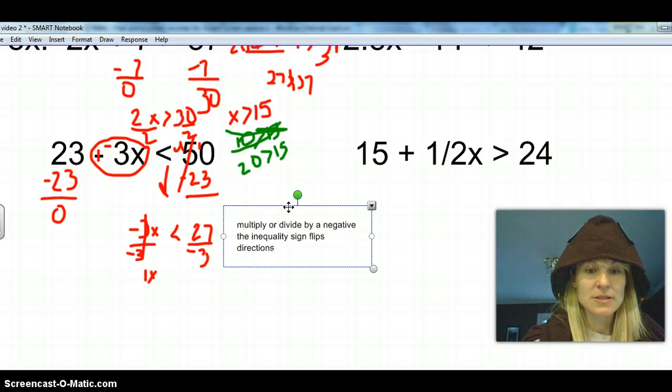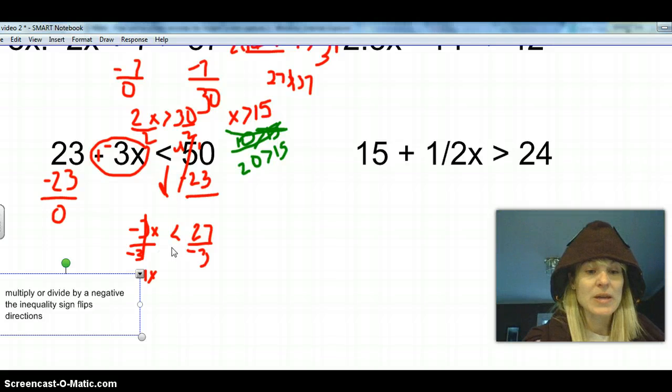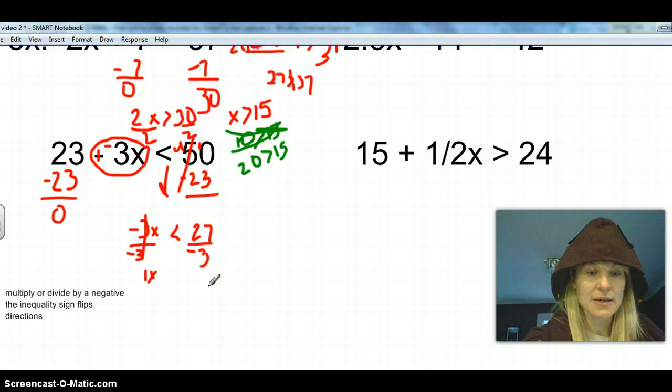Okay, so this is a rule that you should have learned that I thought I would remind you about tonight. So because I am dividing by a -3, this is going to change from less than to greater than. Okay, and then 27 divided by -3 would be a -9. So we have x is greater than -9.